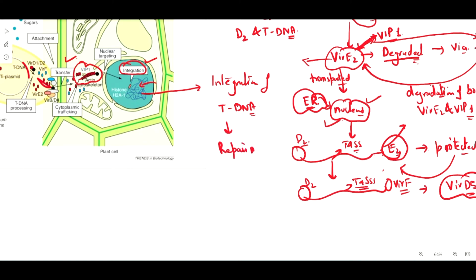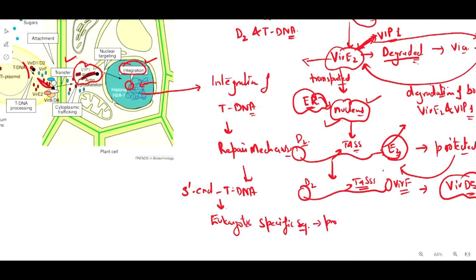In this case, the T-DNA gets integrated, in which the 3' end of the T-DNA contains eukaryotic specific sequences, like promoter sequences.